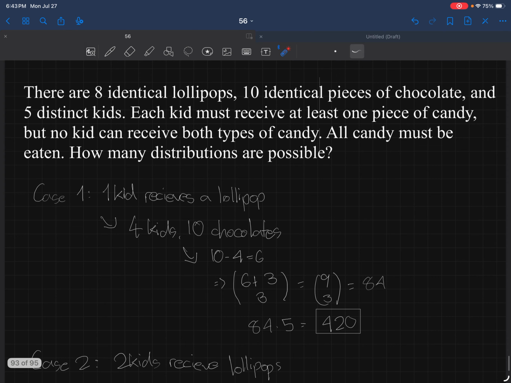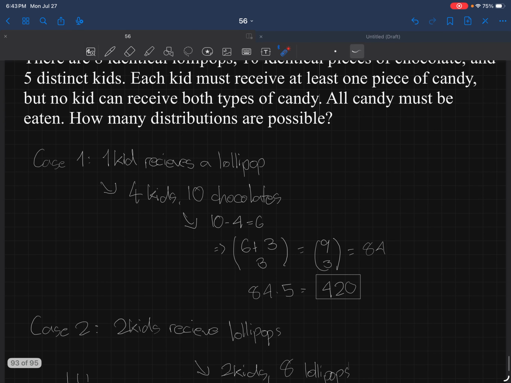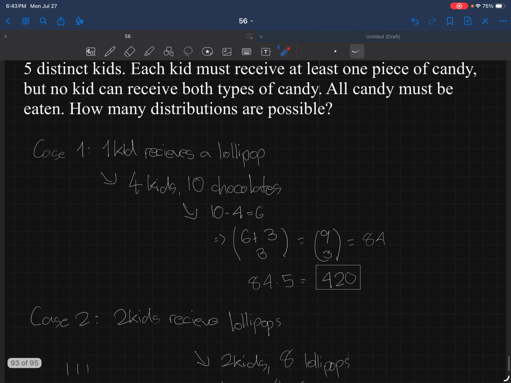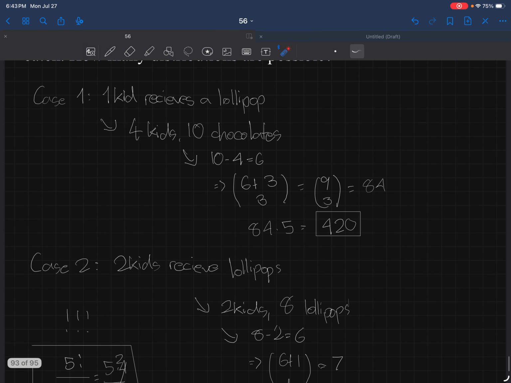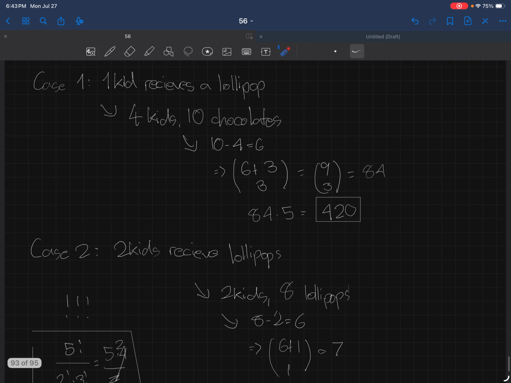Case 2. 2 kids receive lollipops. Now we have 2 kids and 8 lollipops. Since each person receives at least one candy, we calculate 8 minus 2 equals 6. Using the same stars and bars method, we have 6 plus 1, choose 1. This gives us 7.